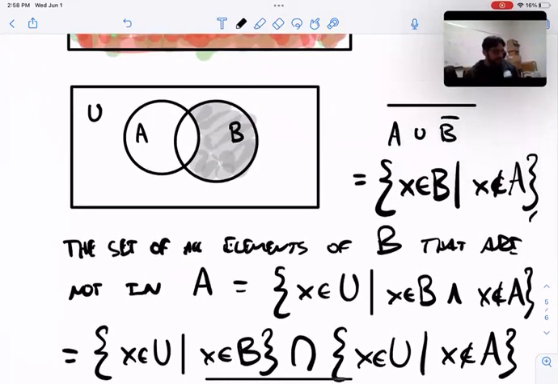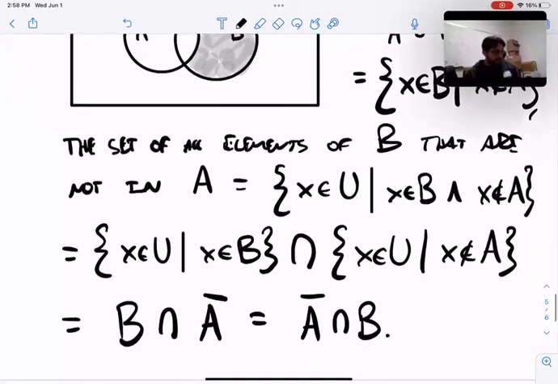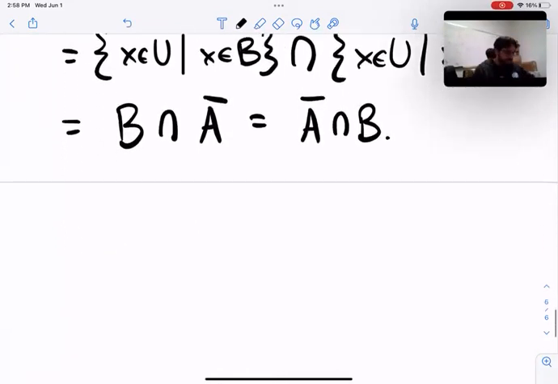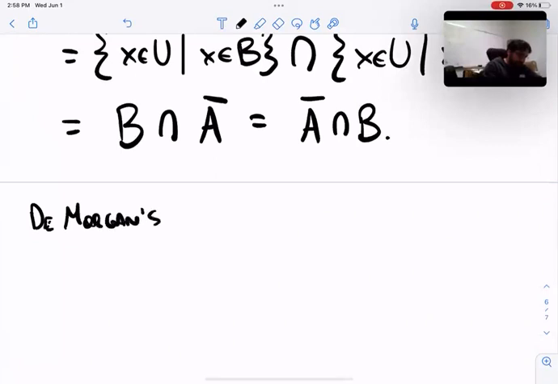What just happened here? This is, in reality, a version of De Morgan's law. This is a set theory version of De Morgan's law, right? There's De Morgan's law in logic. There's De Morgan's law in set theory. If you look at what happened, you can look at this in terms of the Venn diagram, but you can also look at it in terms of De Morgan's law.